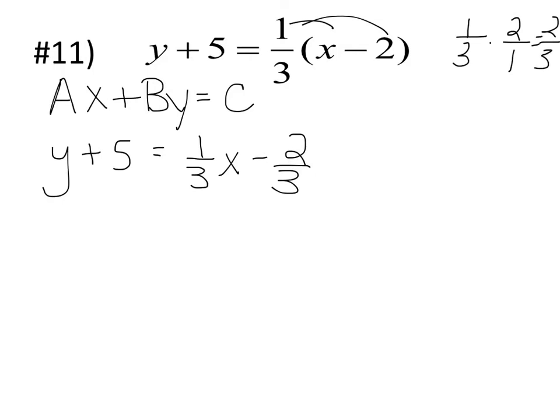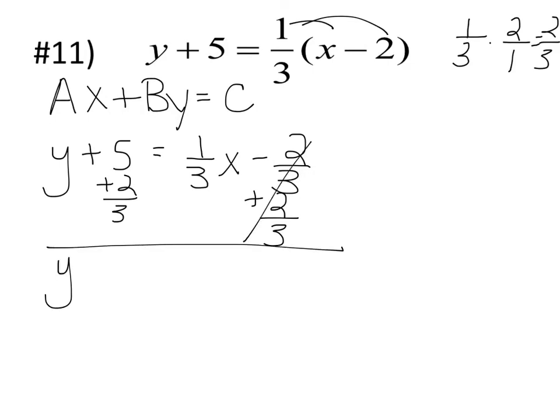Now I need my x's on one side, my y's on the other. My x has the coefficient of a. My a is positive right now, so I don't want to move that. So I need to move everything else, basically. The first thing I'm going to do is add 2/3 to both sides, because we need to get our constants together.